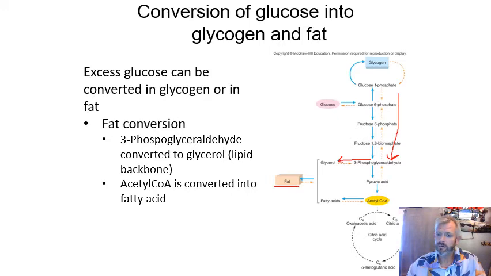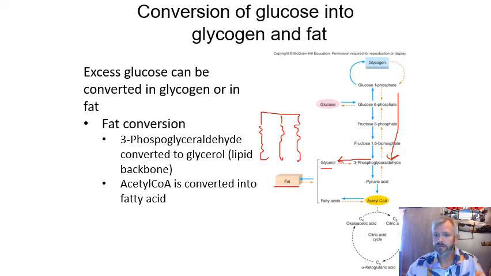If you remember from our chemistry days, we have a backbone of glycerol, that 3-carbon backbone, and then we put 3 fatty acids here. Remember, these fatty acids are just long chains of carbons.